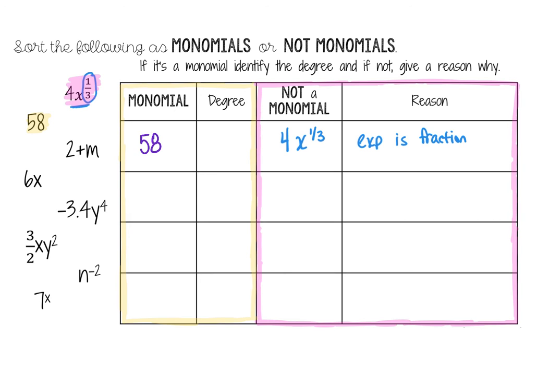The degree is going to be my exponent on my variable. I don't have a variable, do I? So the only thing the exponent could possibly be is 0, because anything to the 0 power is 1, and the variable would actually go away. And so anytime you have a constant, the degree is 0. The degree is always 0 for a constant.